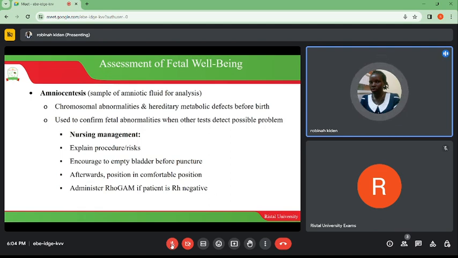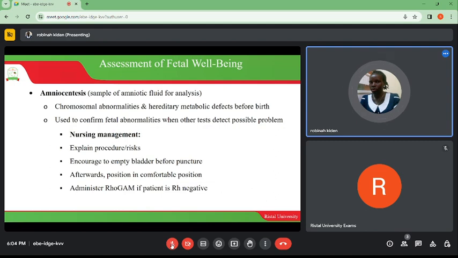We have to explain the procedure and the risk to the mother, then encourage the mother to empty the bladder before puncture, then afterwards position her in a comfortable position so that the sample of amniotic fluid can be taken.